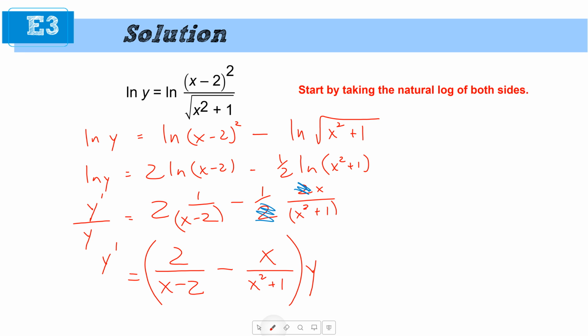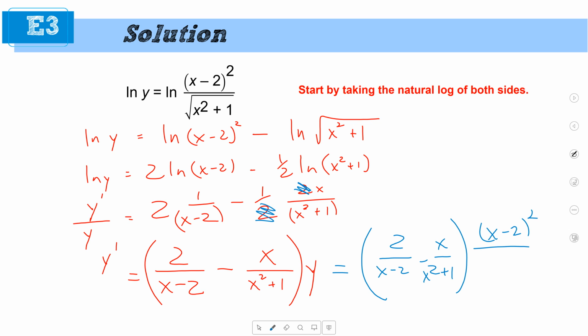So sub back in for y, and you get a final answer of 2 over x minus 2 minus x over x squared plus 1, all of that times the quantity x minus 2 squared over the square root of x squared plus 1, and we're done. So sub back in for y there to finish the problem. You don't have to simplify. Just leave it for now.